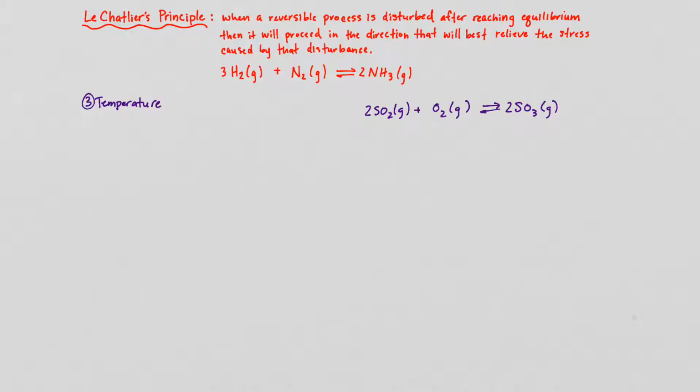Well, what you need to know about the formation of sulfur trioxide is that it also produces heat. All right, heat is produced. Because heat is produced, this reaction is exothermic. Okay, exothermic, heat is a product.